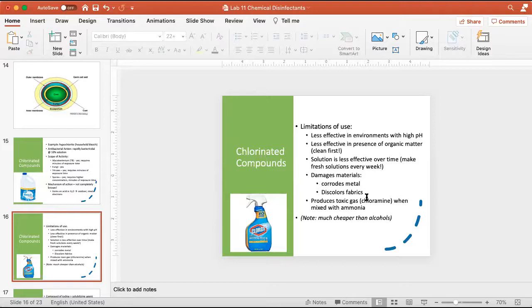And of course, bleach is going to discolor fabrics. This is one of the reasons that people use bleach, right? Because bleach will whiten white fabric pretty nicely. But if you get bleach on colored fabric, it's going to take the color out. So probably not a huge problem for its use, but it's something to think about.